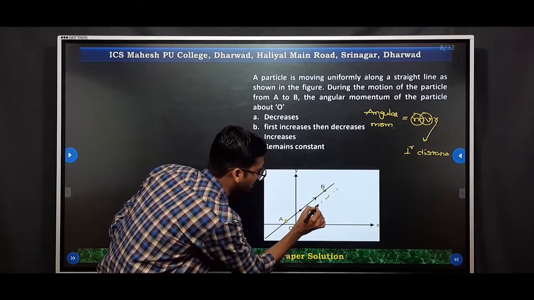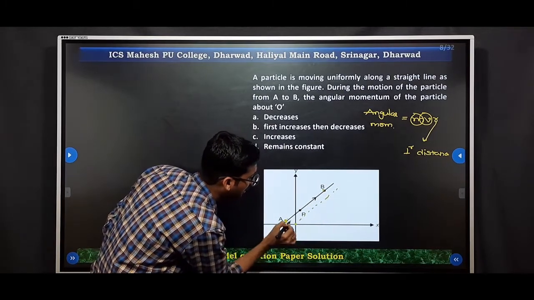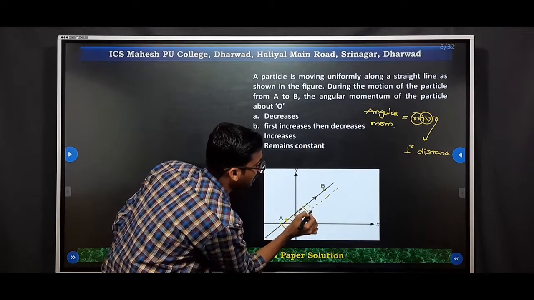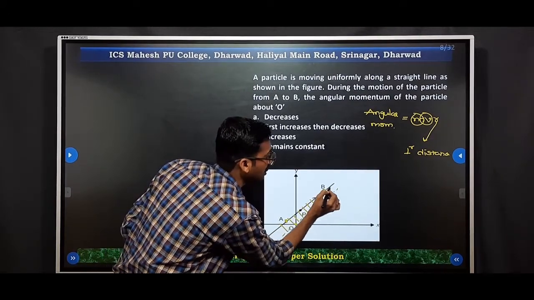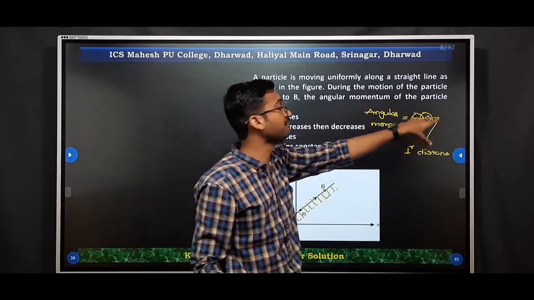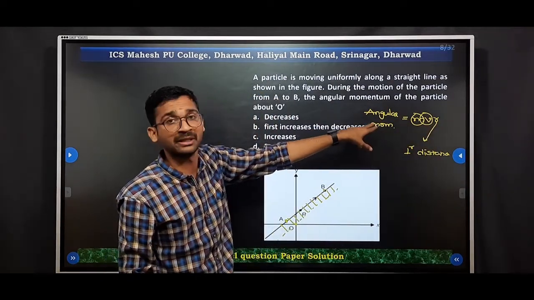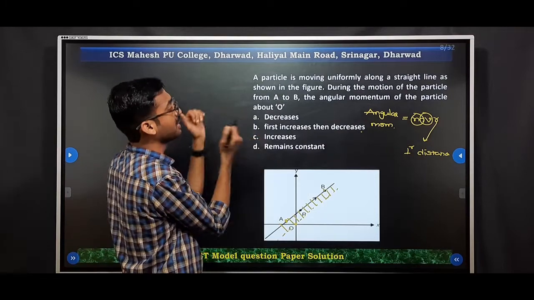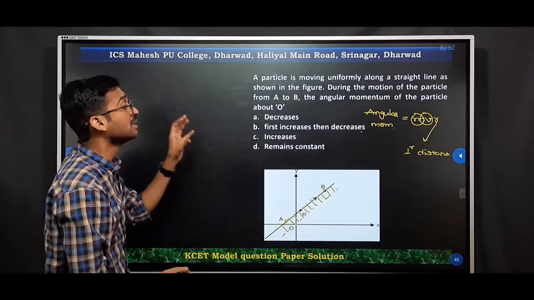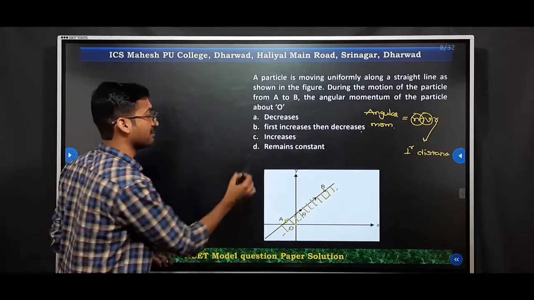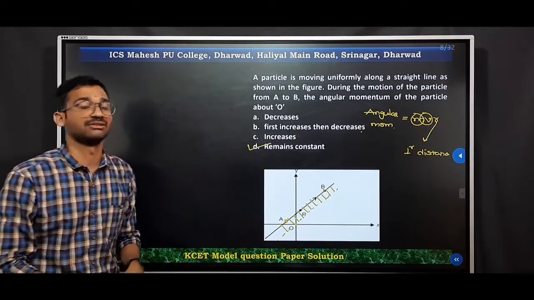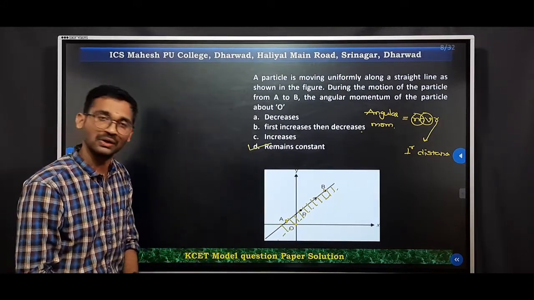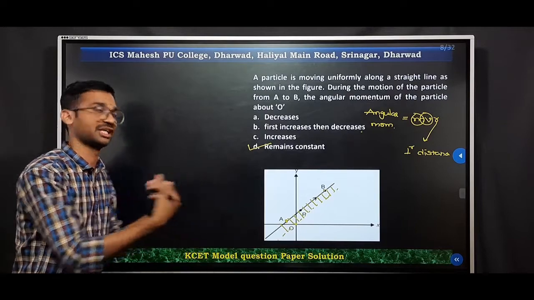Anywhere I observe, the perpendicular distance is always remaining constant. Therefore, all three physical quantities of the angular momentum remain constant. As a result, by observing the options, we can say angular momentum is remaining constant. Now let us move on to the next question.